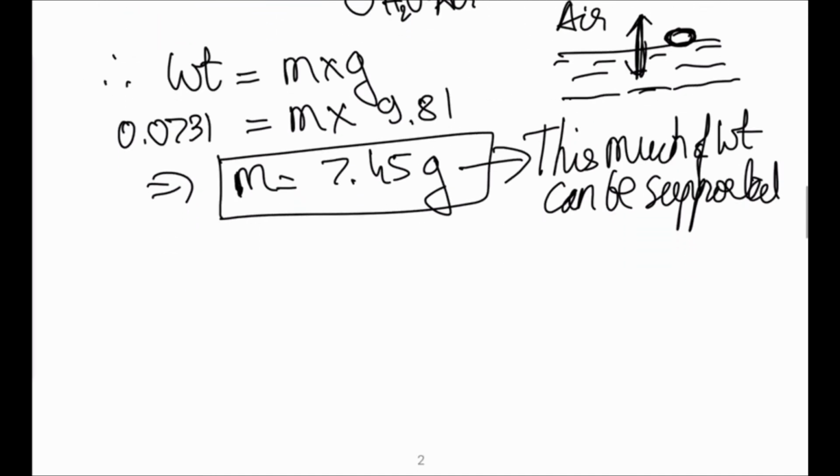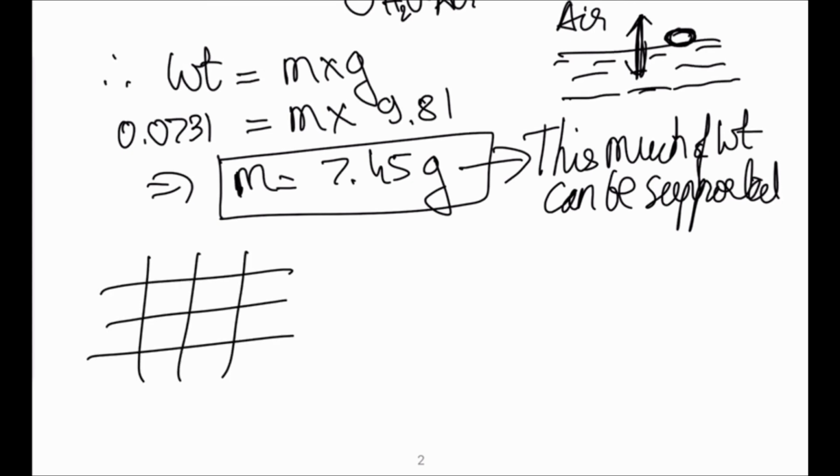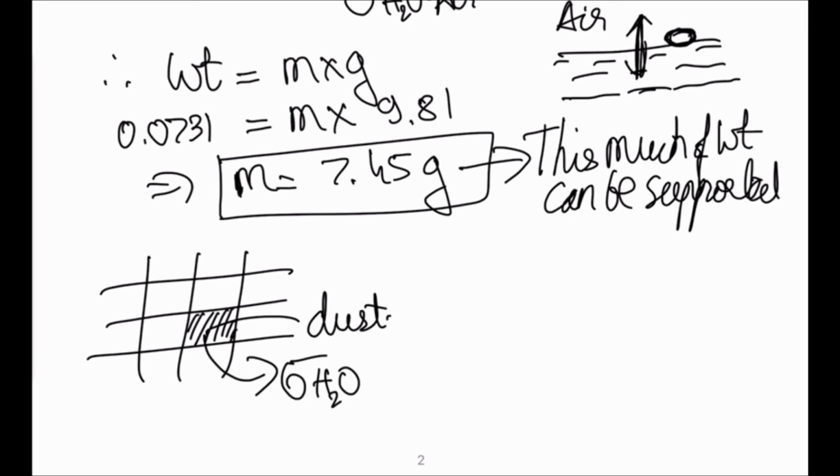In real life, where surface tension is used is in detergents. For example, in the detergent concept, if we take the microscopic approach of cloth, suppose this is dust. There is a surface tension between them. If you pour water, the stain does not go away.